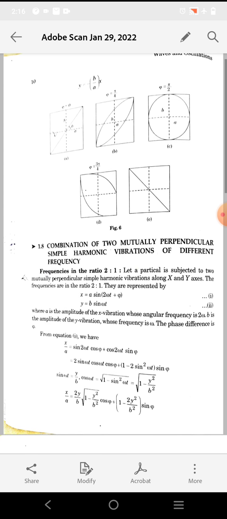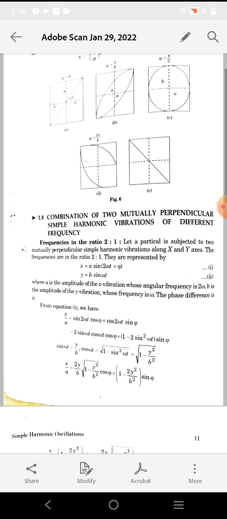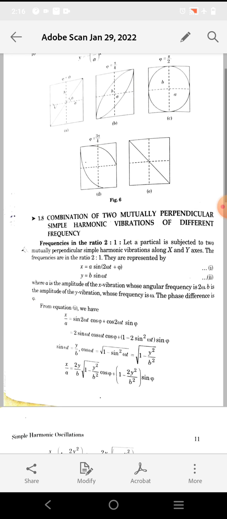Today we see another combination. That means there are two simple harmonic oscillations or vibrations mutually perpendicular, but they have different frequencies. See here, combination of two mutually perpendicular simple harmonic vibrations of different frequency.